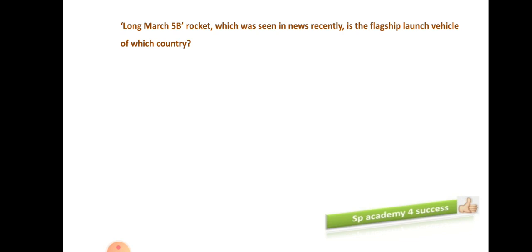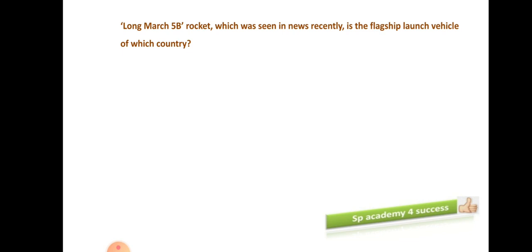See, this is one of the important questions for any of your upcoming exams under current affairs. The Long March 5B rocket, which was seen in the news recently, is the flagship launch vehicle of which country?